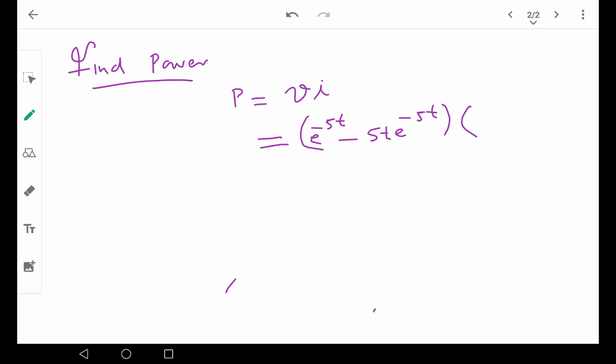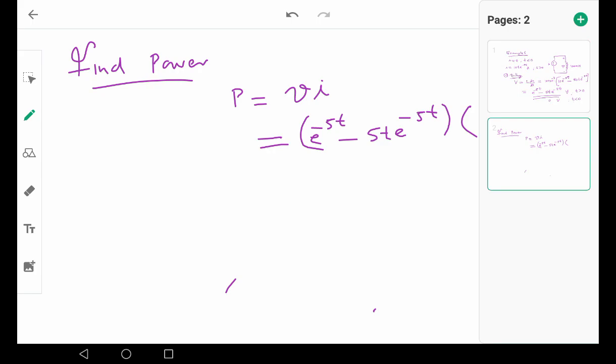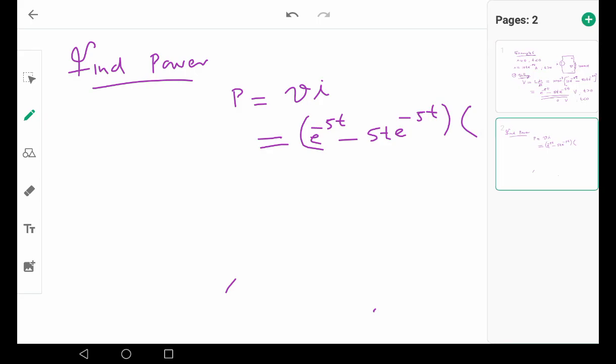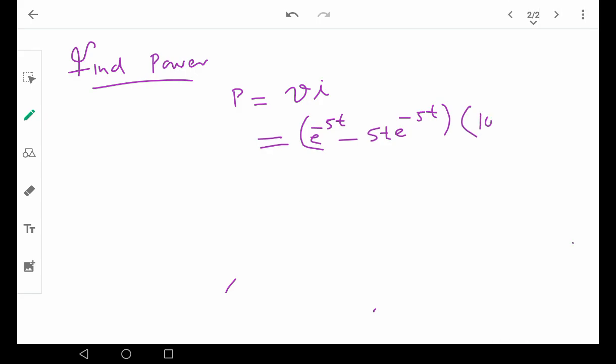What's the current? See the current. The current is given by 10t e raised to minus 5t. So you can multiply both sides.